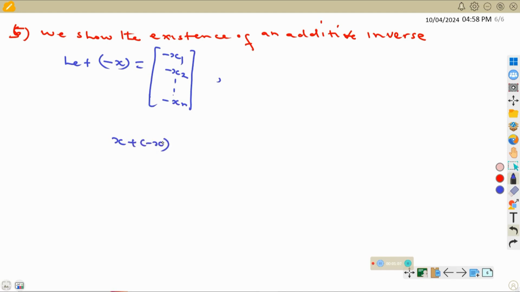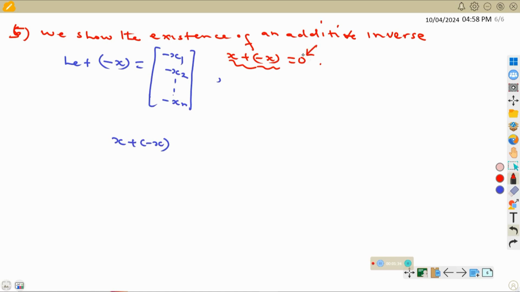We need to show that when you get x, you add there negative of x, you get the additive identity. But our additive identity was 0. So we need to let our additive inverse be in such a way that when we get x plus negative of x, we shall be able to get a 0.